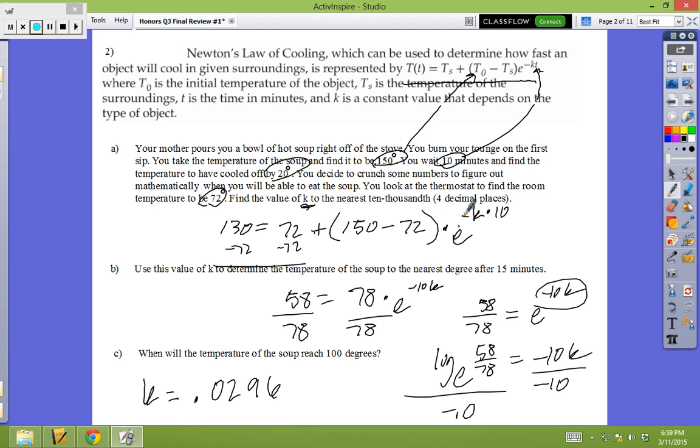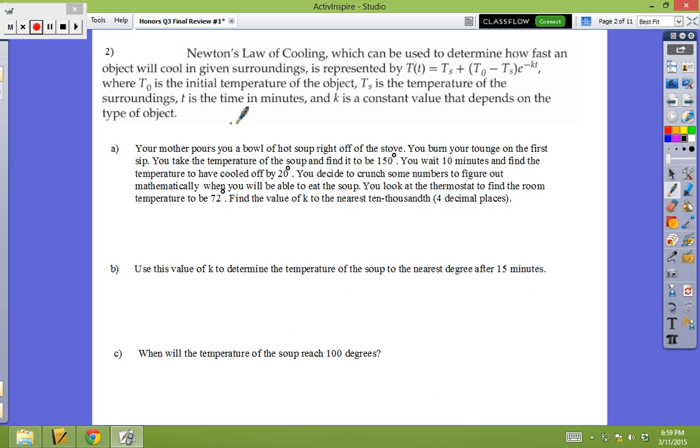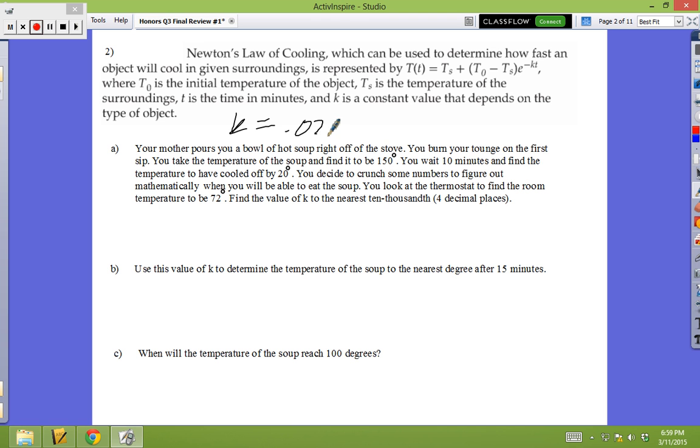And we get K is equal to 0.0296. We want 4 decimal places. So this is the K. We're going to have to use this. So now K equals 0.0296. Part B: use K to figure out the temperature of the soup after 15 minutes of sitting on the counter and cooling off.